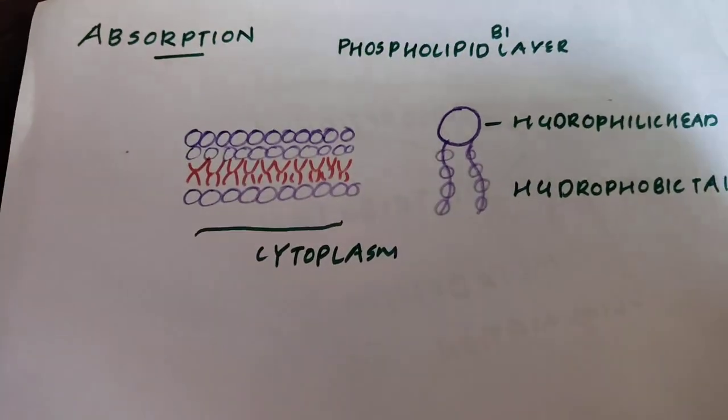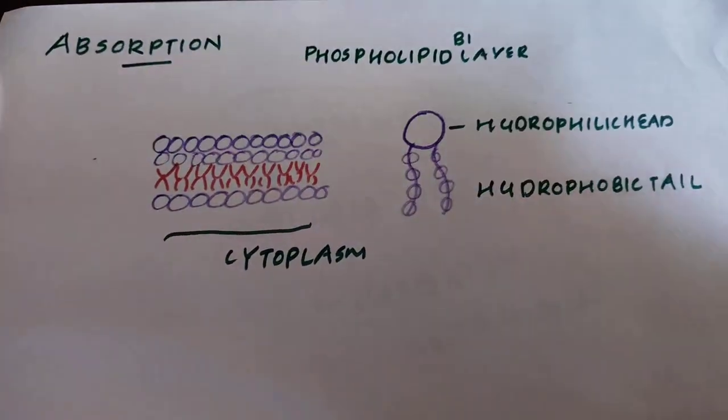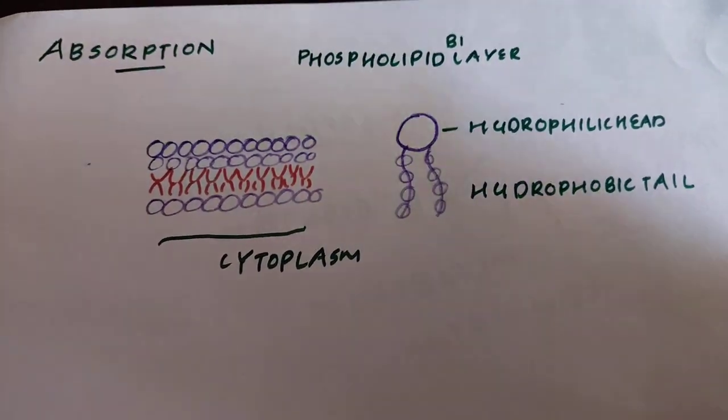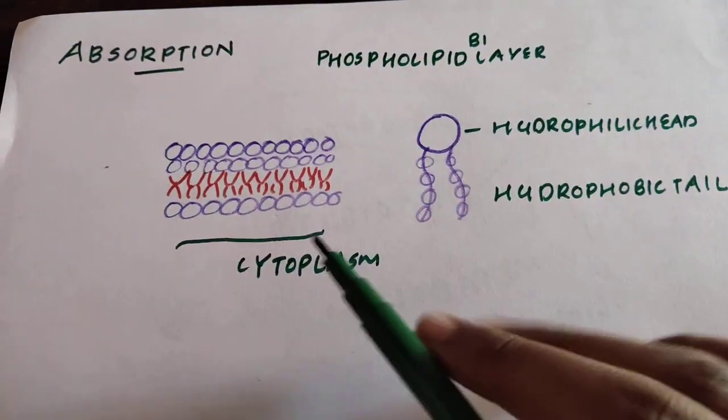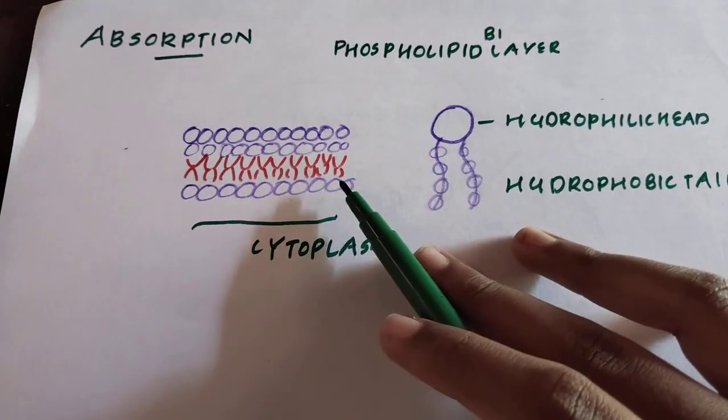Before talking about absorption in detail, we should recollect something we learned in anatomy and physiology about the cell membrane. The cell membrane consists of a phospholipid bilayer.